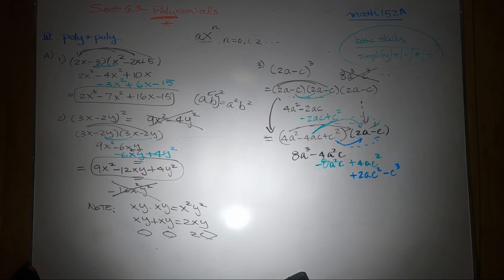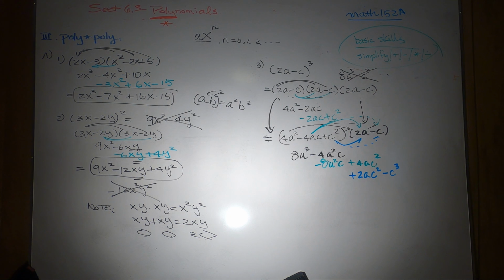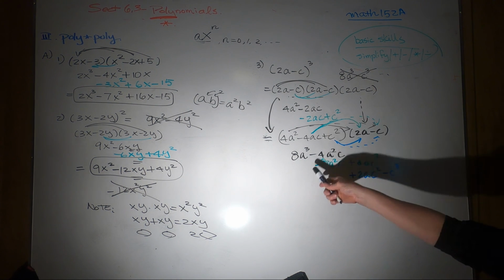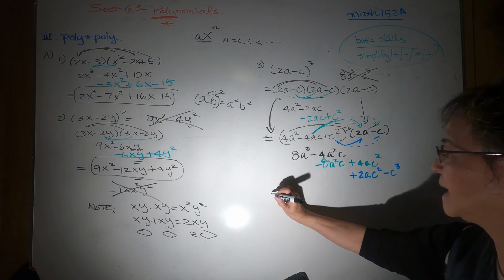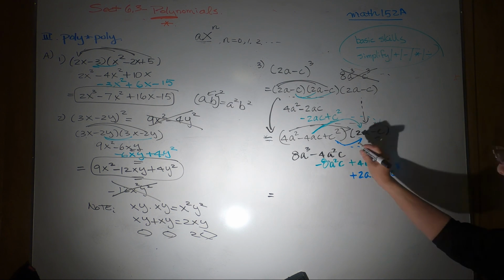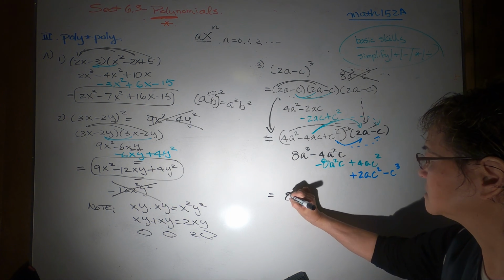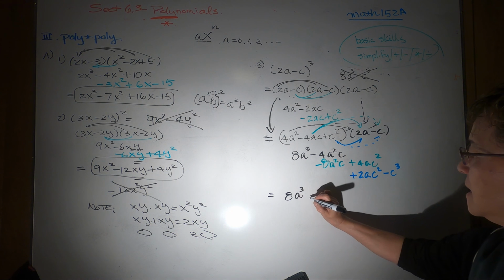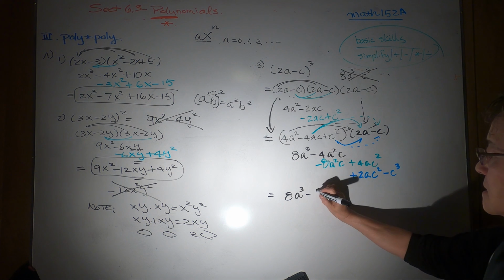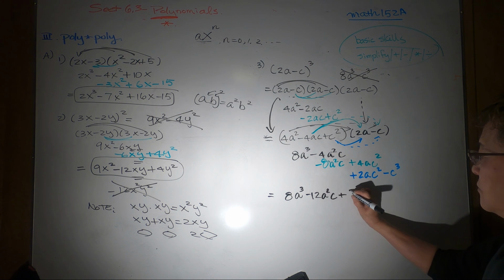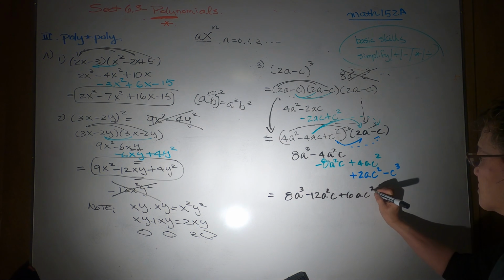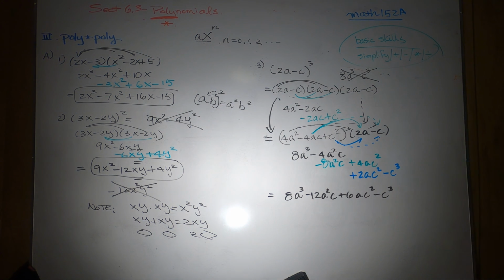So then we will clean up by combining like terms. I already lined them up. It's better to do it this way, easier to combine them, because they are like terms all lined up. So that would be 8a cubed minus 12a squared c plus 6ac squared minus c cubed.